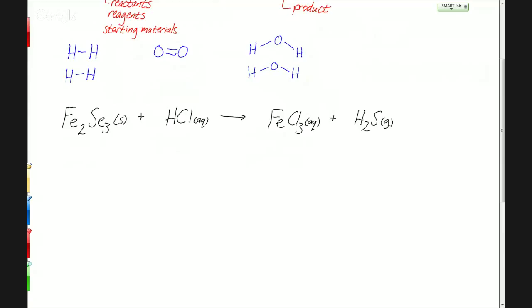And just for practice, for fun, what's the name of that first compound? Do you have a name for that one?